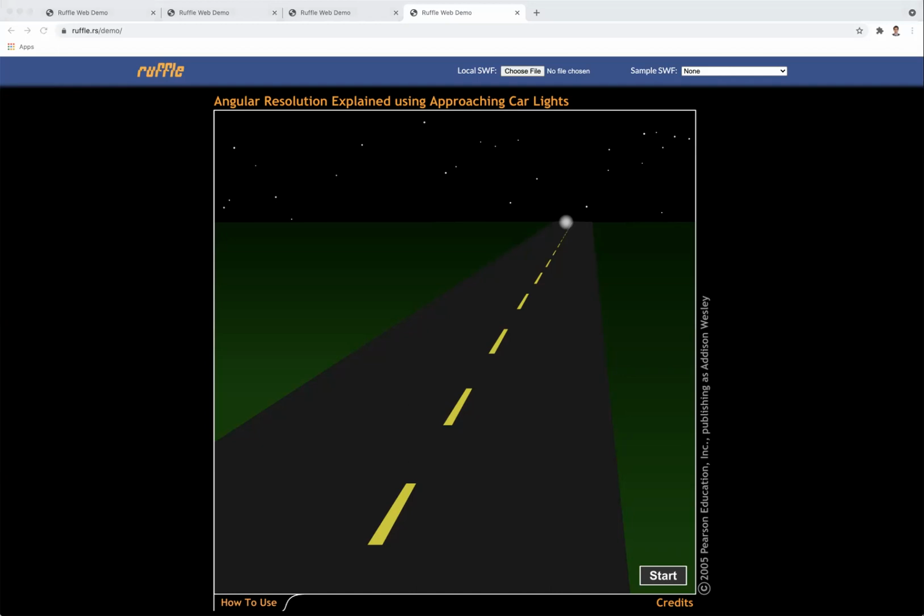And so the next one I wanted to show you is the telescope, the mirror size. Okay, let's see if I can find it.